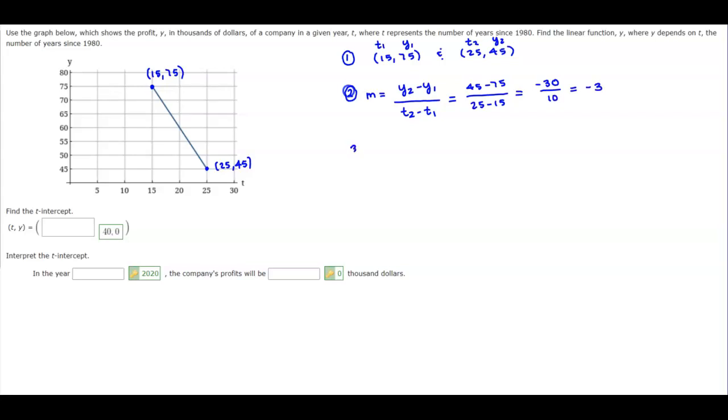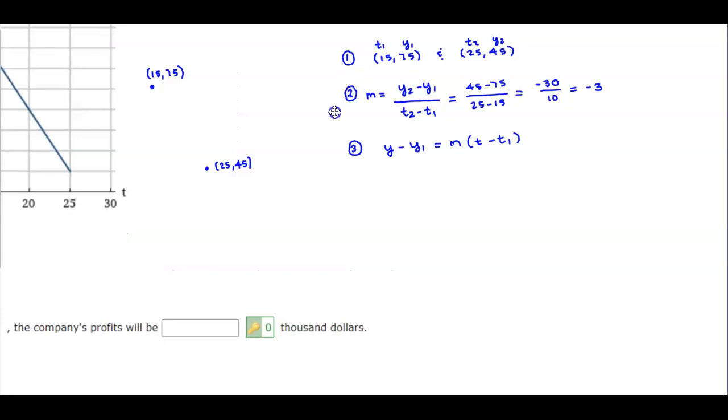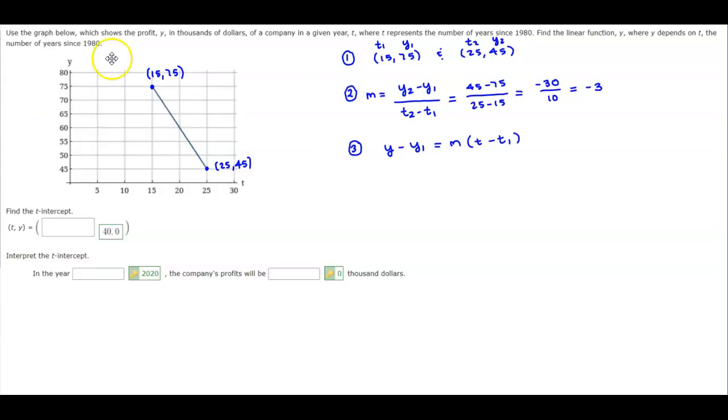Okay, now we're going to go ahead and use the point slope form, which is Y minus Y1 equal to M times T minus T1. Let's plug in our initial point. So we have Y minus 75 equal to the slope of negative 3 times T minus 15.